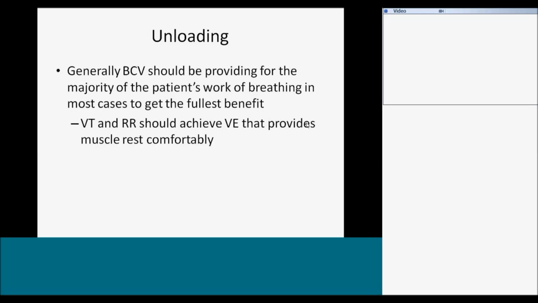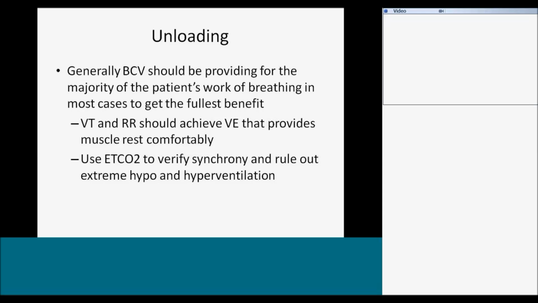So we want to give a tidal volume and a respiratory rate that achieves a minute volume that provides good muscle rest for the patient. They may take an occasional respiratory effort, but for the most part, they should be allowing the device to carry the work of breathing for them. End-tidal CO2 is going to verify that the patient is allowing the machine to breathe for them. You should have a smooth, even waveform that matches the waveform from within the cuirass.